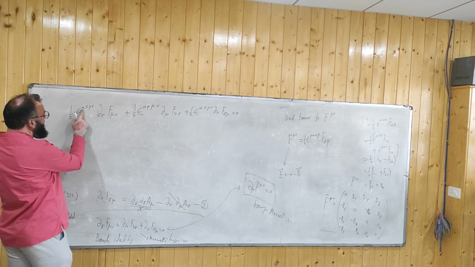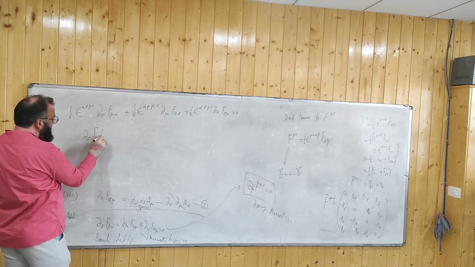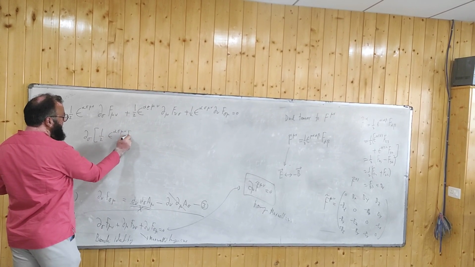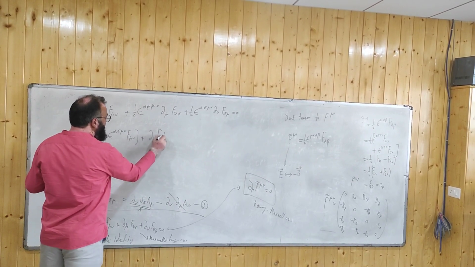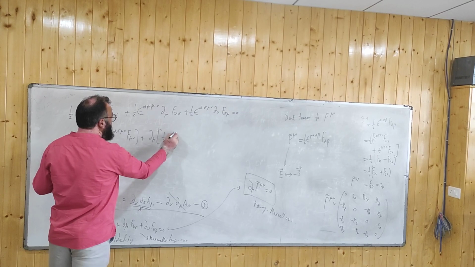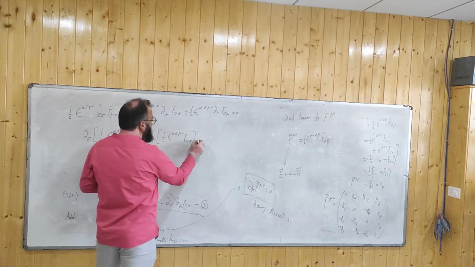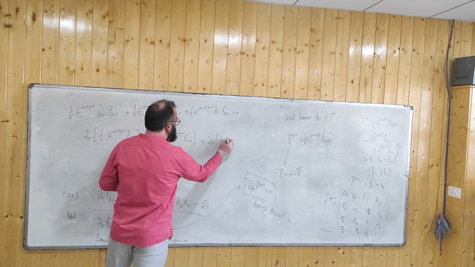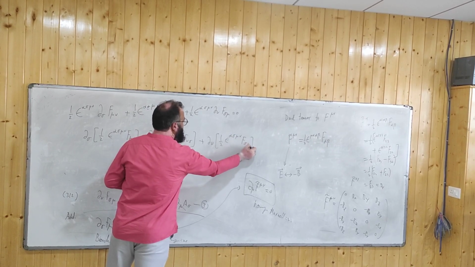So now you are having epsilon alpha. I can write it as partial sigma half of epsilon alpha sigma mu nu F mu nu. Then partial mu half of epsilon alpha sigma mu nu F mu sigma, plus partial mu half of epsilon alpha sigma mu nu F sigma mu, that's equal to 0.